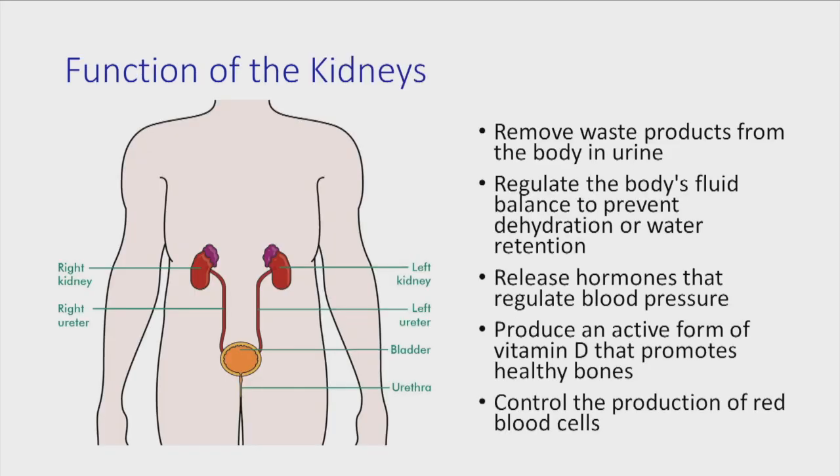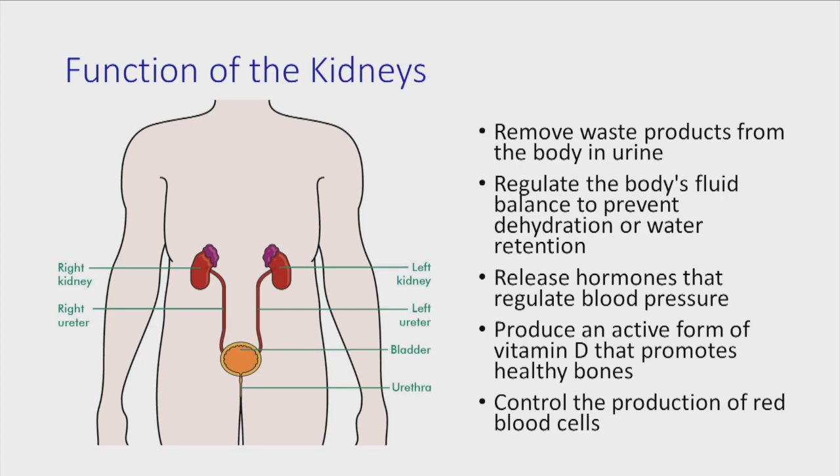I would like to start by explaining a few concepts about the function and the structure of the kidneys. The kidneys are two small organs located in the middle of our back, and they perform very important functions for our body. They remove waste products from the body in urine by filtrating toxic components from the blood.